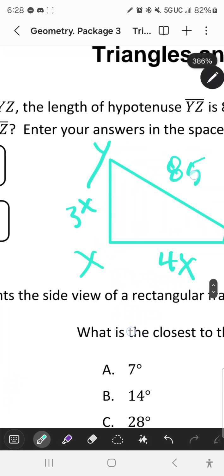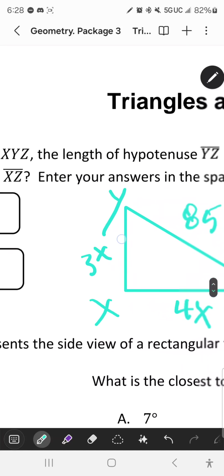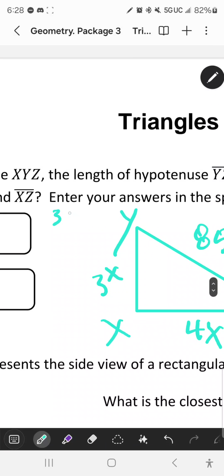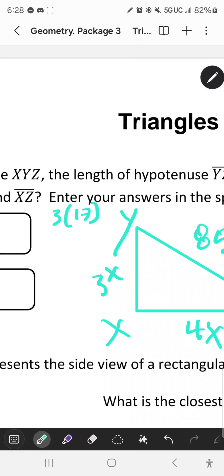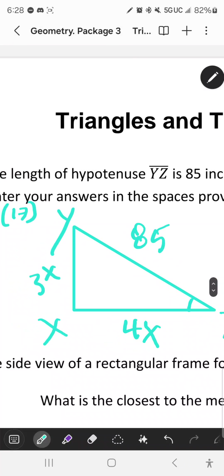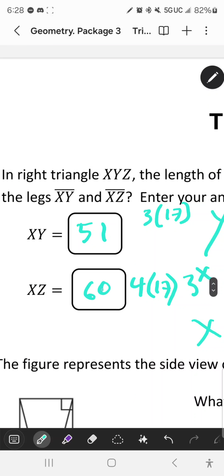Now if I want to know the length of the sides, xy is 3 times 17, which is 51 if I'm not mistaken, but let me just check. Yeah, 51. And xz is 4 times 17, which is 68. And that's our answer.